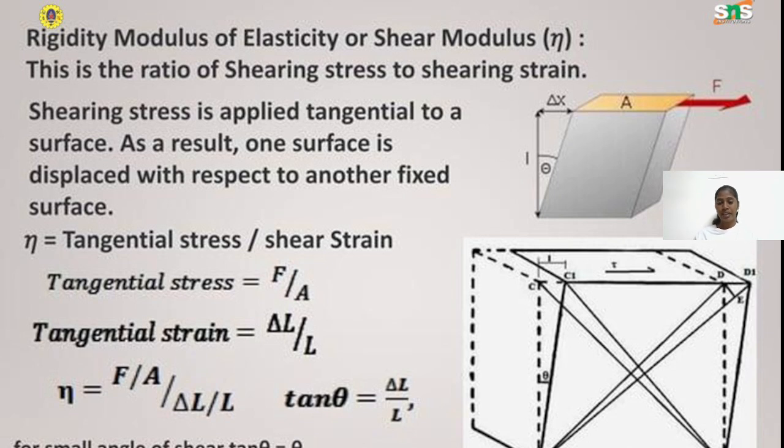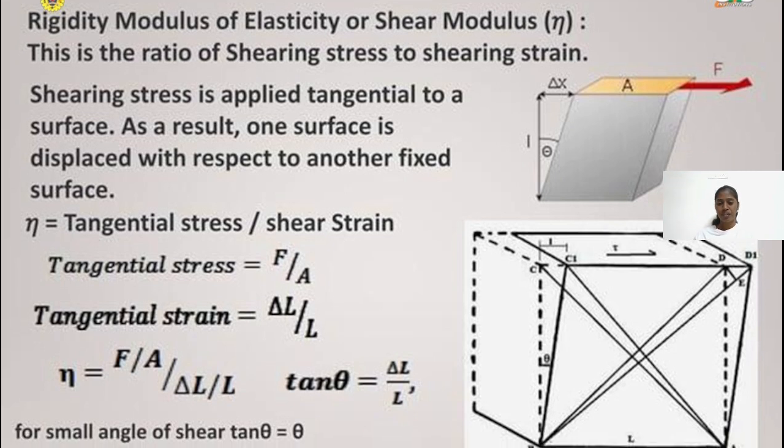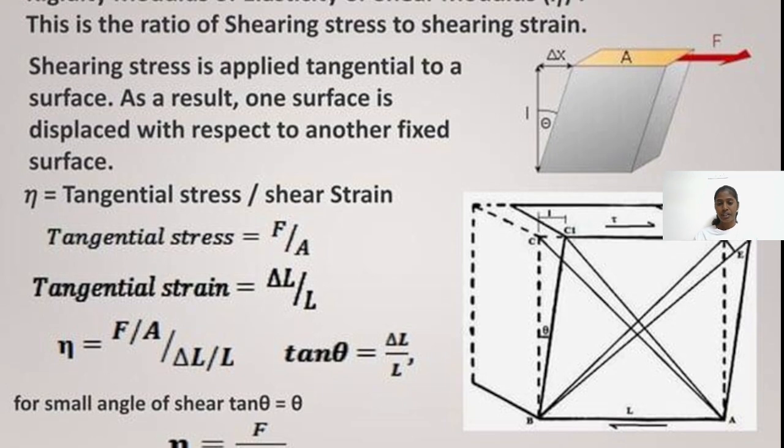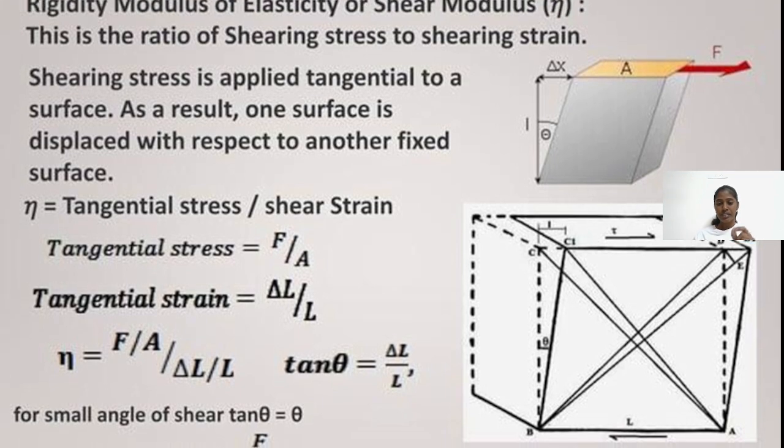Look at this diagram. Theta angle stress is applied to the material. Initially, look at this cube, it has the corners A, B, C, D. Now an angle theta twist is applied to the body. What happens? The face BC turns into BC1.